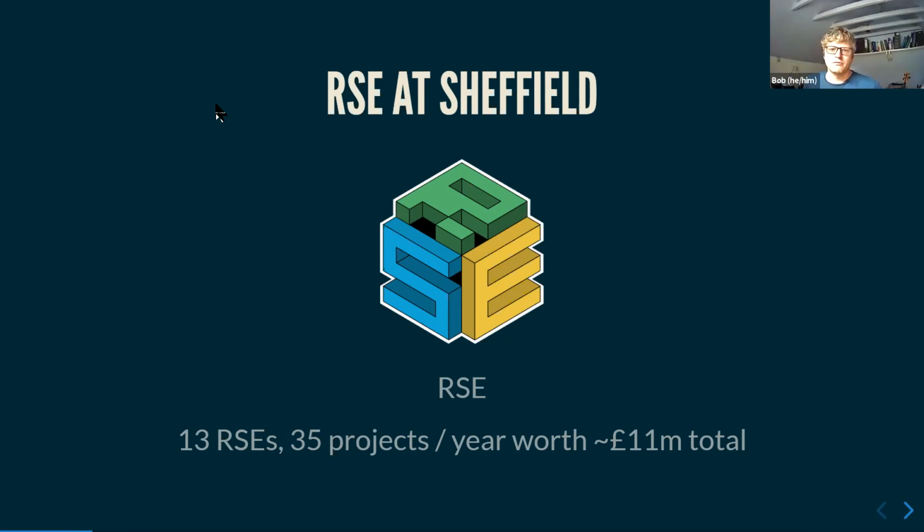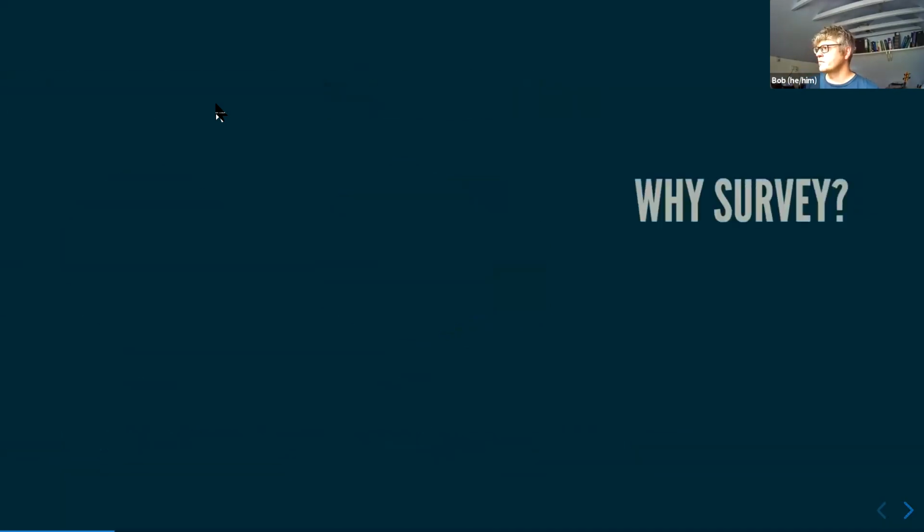But we have about 13 RSEs in the team. Last year, we were involved in 35 projects, approximately worth about 11 million in total. I mention this because it seems big to me. And I feel like with a team this size, we have the capacity and the responsibility to ask the sort of questions that I'm going to be looking at today.